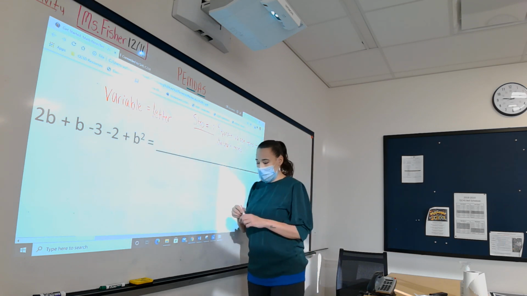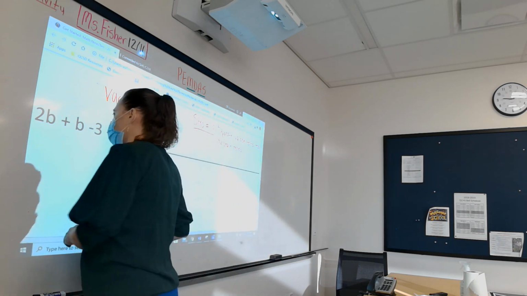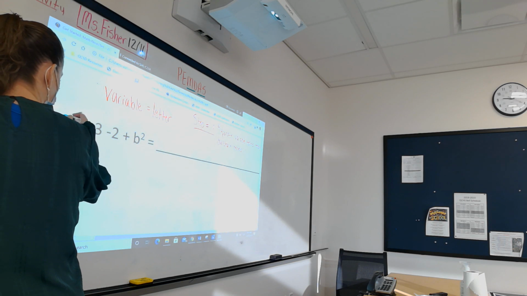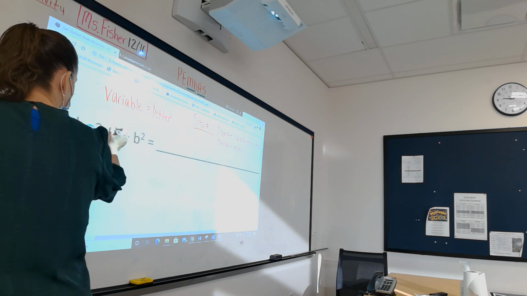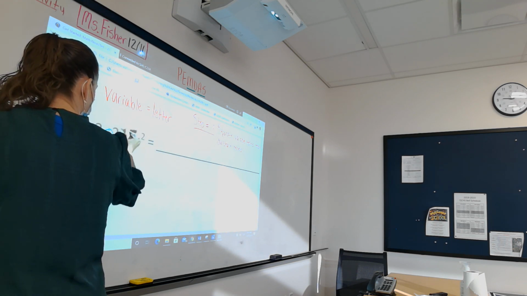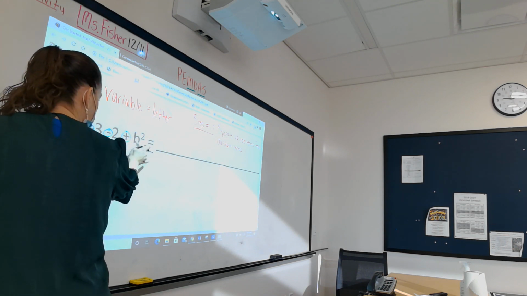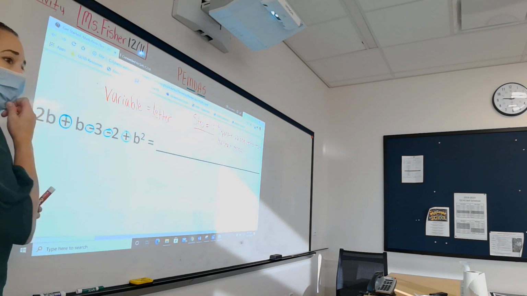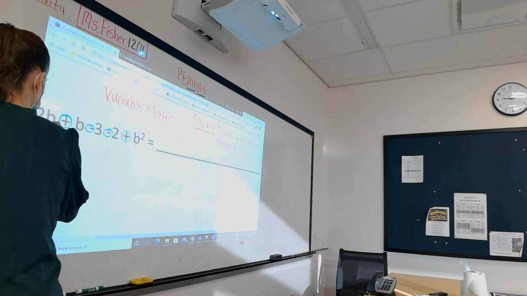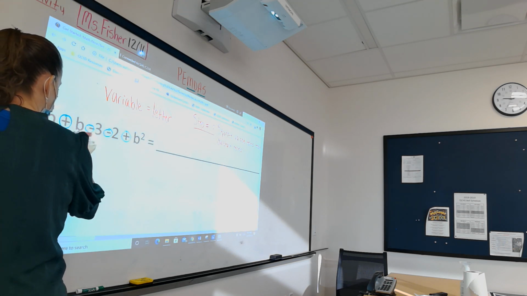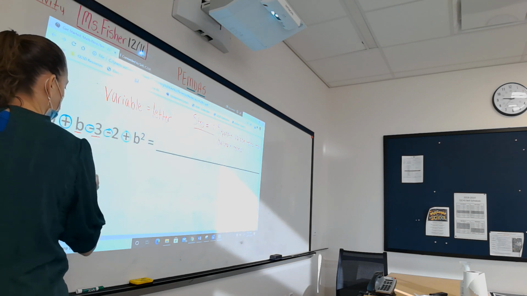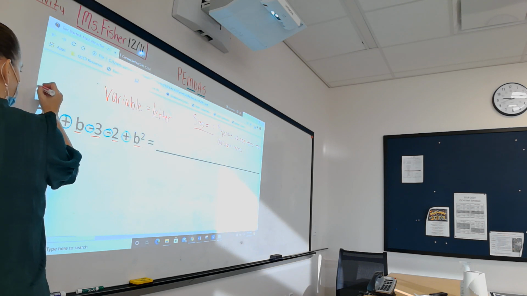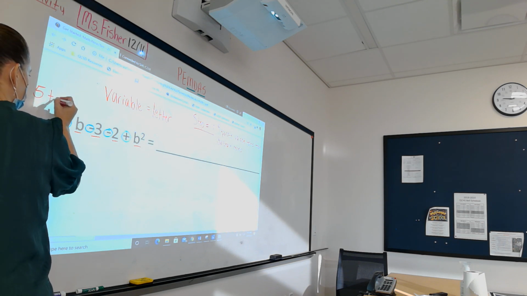Please remember again, a term is separated by an operation sign. So if I was to ask you, how many terms are up here in this algebraic expression, you would say, Miss Fisher, I have 1, 2, 3, 4, 5 terms. I have 5 terms.